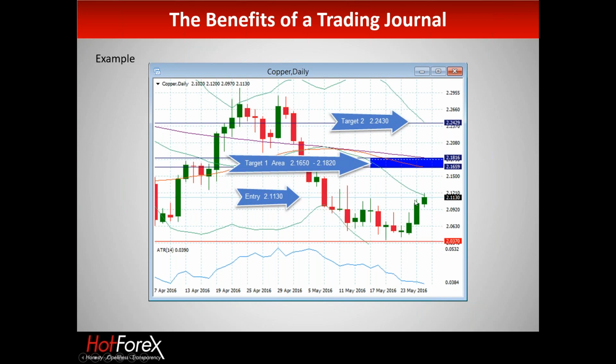In addition, there appeared to be a weakening of the dollar during the period and a strengthening of commodity currencies. So this would imply that commodities would also rise.